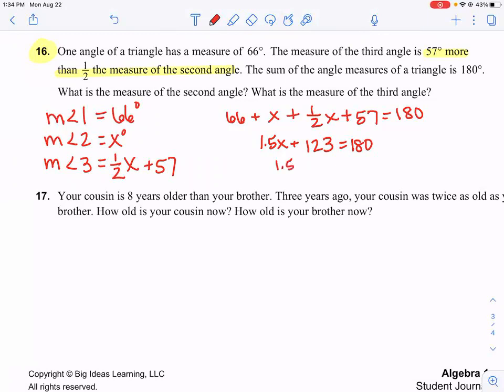Okay. So now we are going to subtract 123 from both sides to get something 7. I think it's 57. I agree with you. Okay.